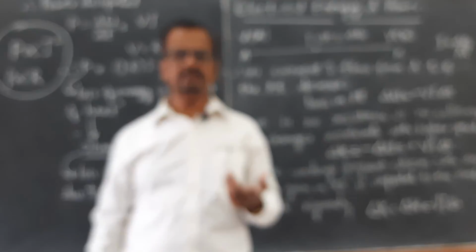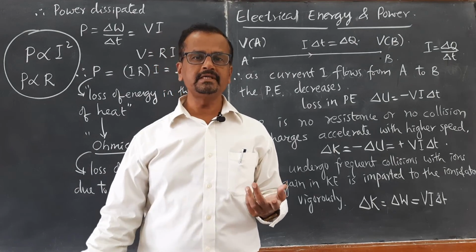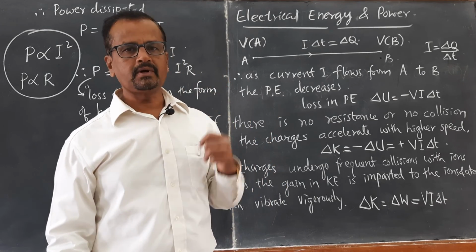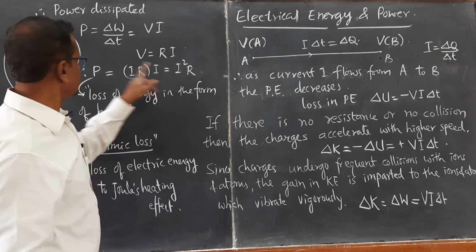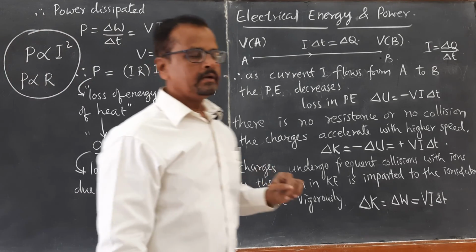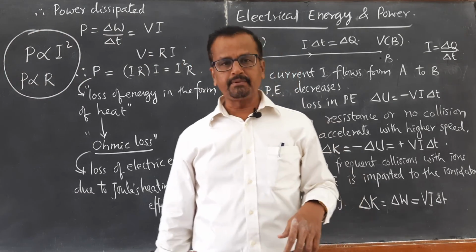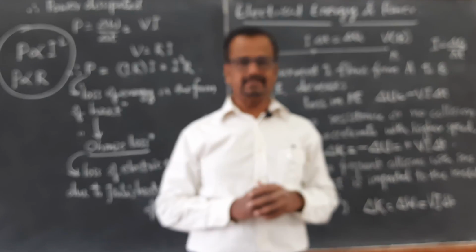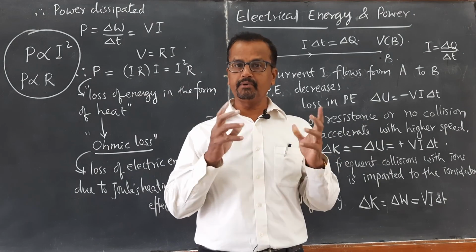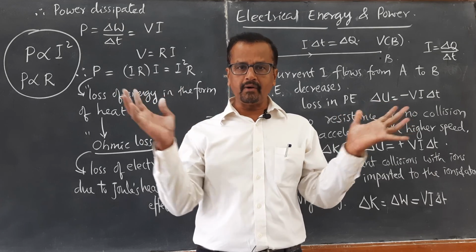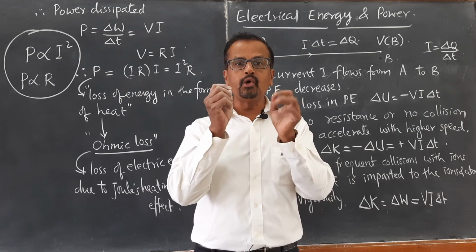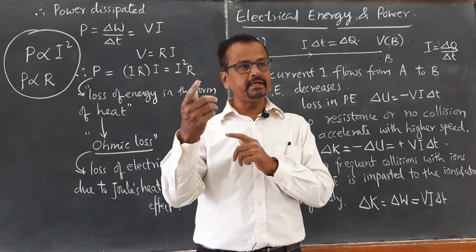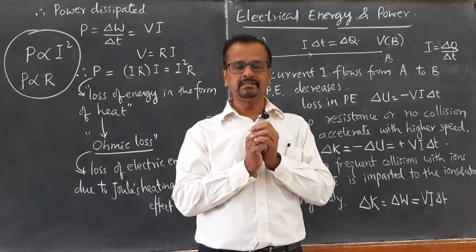More the resistance, more is the power loss, because power loss is directly proportional to resistance. And power loss is directly proportional to the square of the current. This is a very interesting and very important thing. So, during power transmission, power will usually be transmitted at low currents, high voltage but at low currents.